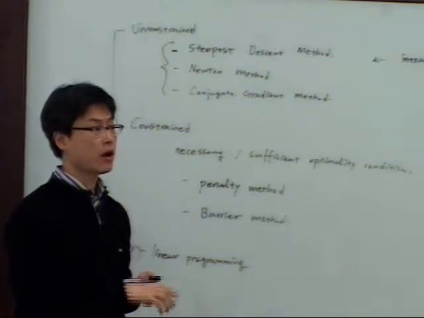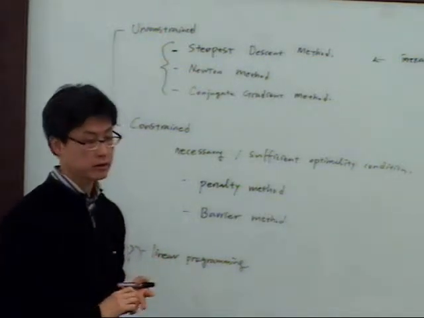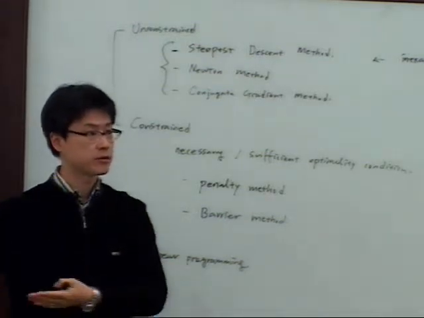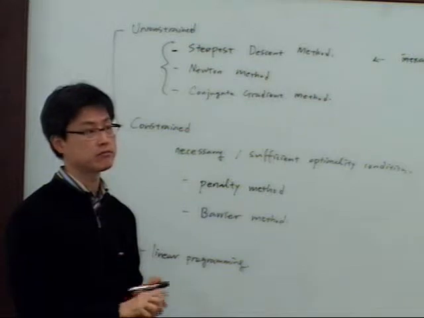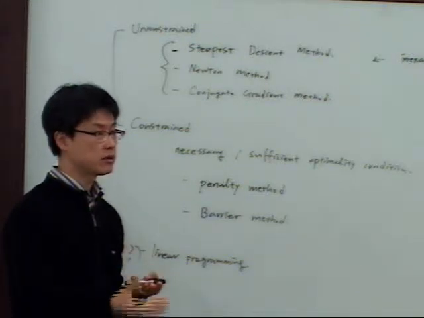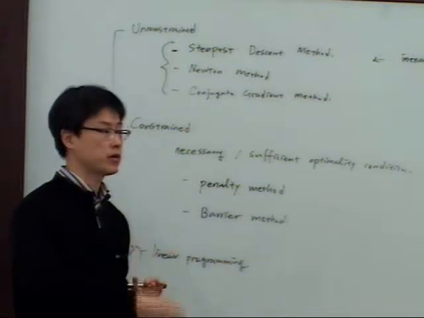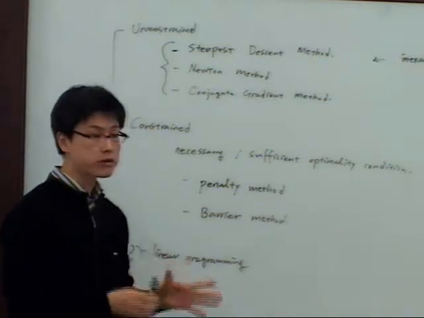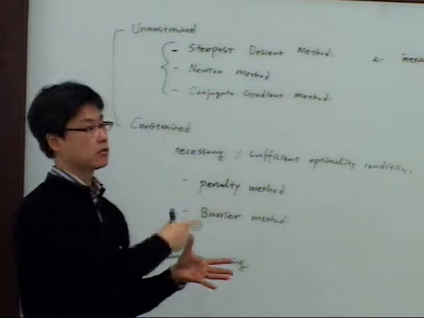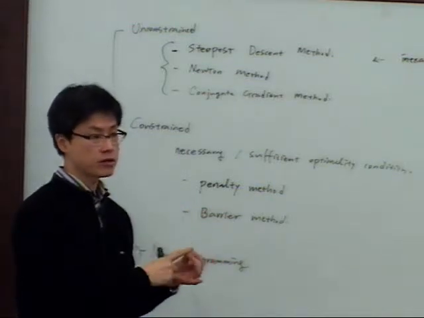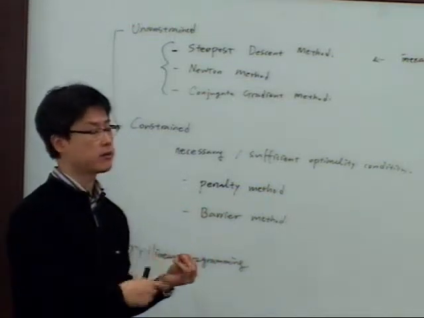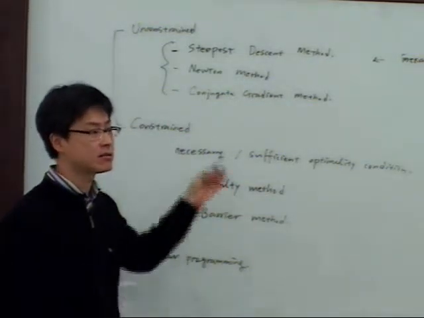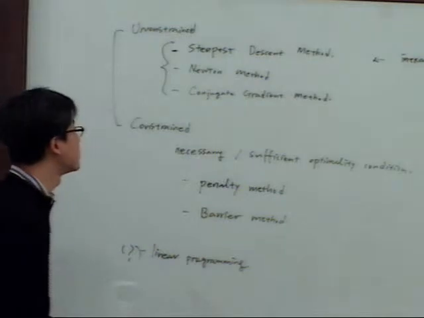How do you identify that the problem itself is convex? Well, based on the quadratic form and other things, you can identify whether this is a convex problem or not. In the simplest cases, continuous, twice differentiable, and convex, you can easily solve this kind of optimization problem.